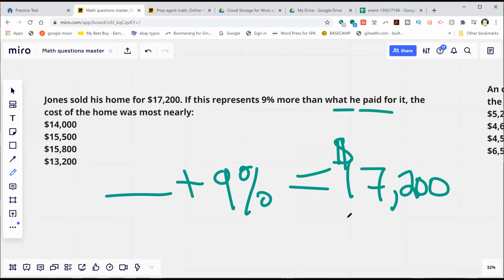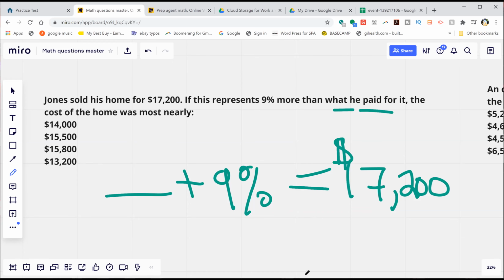So basically what happens is this. I'm going to explain it a couple of different ways. There are two ways to do this problem. Someone wrote 17,200 plus 9%.